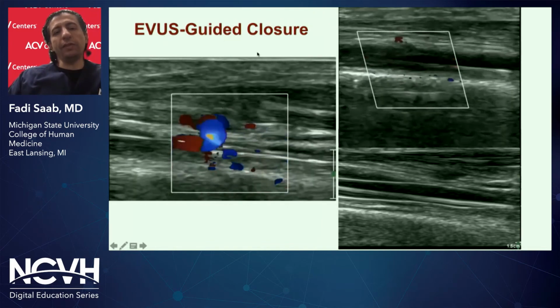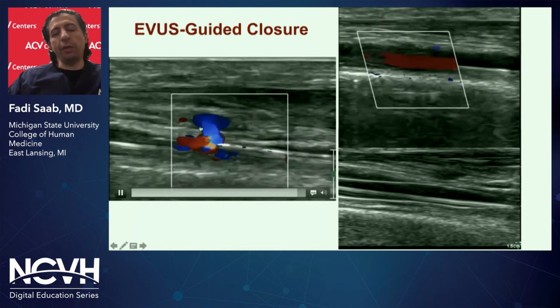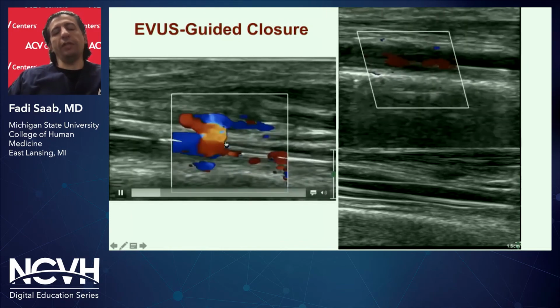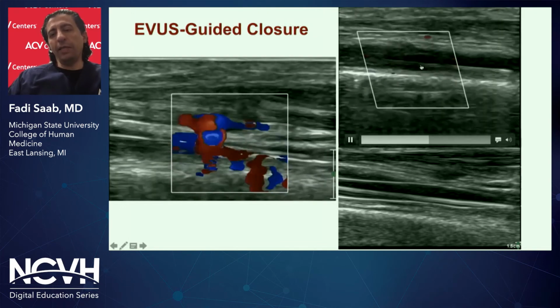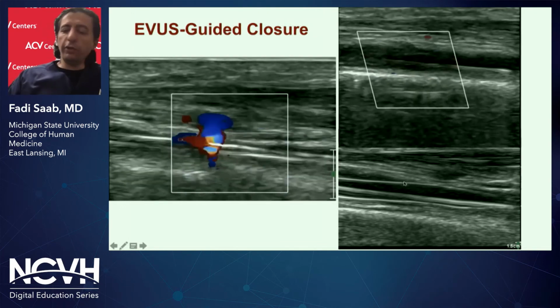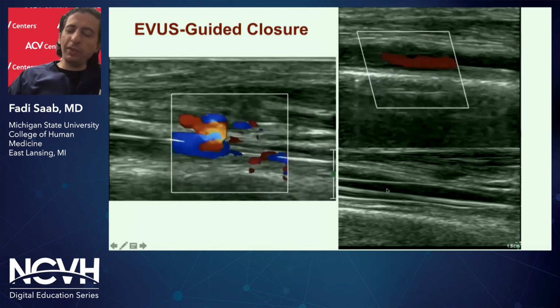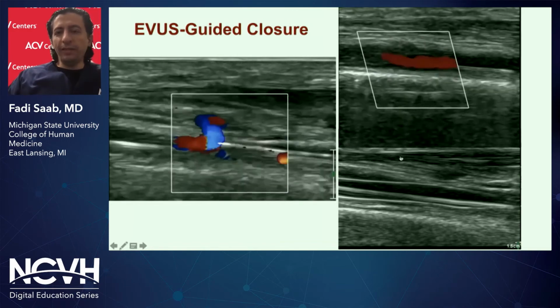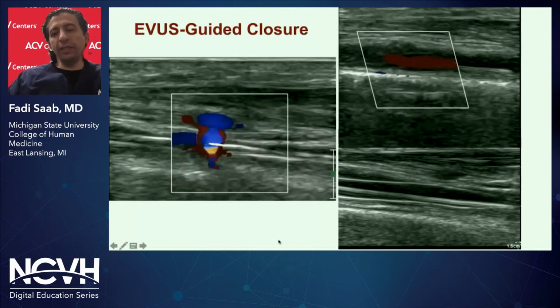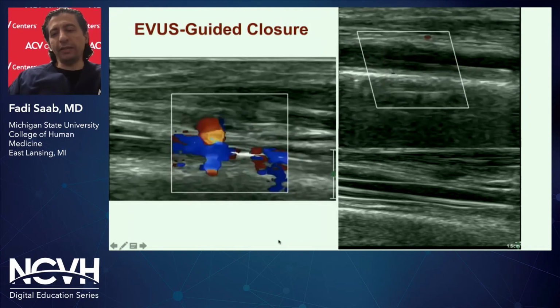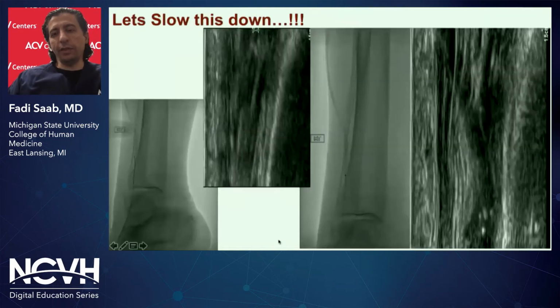We call it IVUS guided closure. Apply our ultrasound to apply manual pressure and see that there is no bleeding coming out of the site. And this is after manual pressure was applied. You can also perform balloon angioplasty to tamponade the access site from below. But nonetheless, we were able to make sure that there is no bleeding coming out from the access site within the anterior tibial artery.